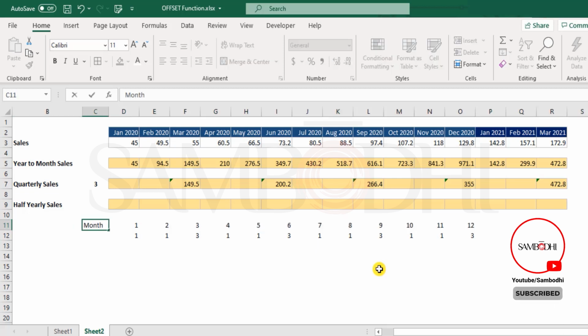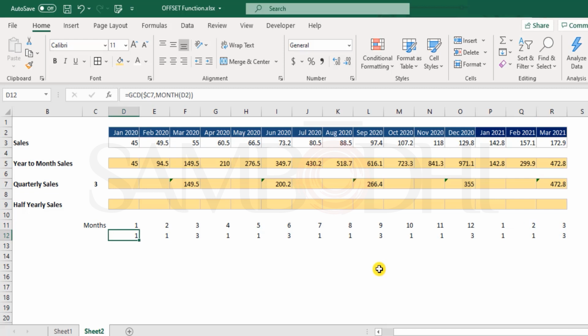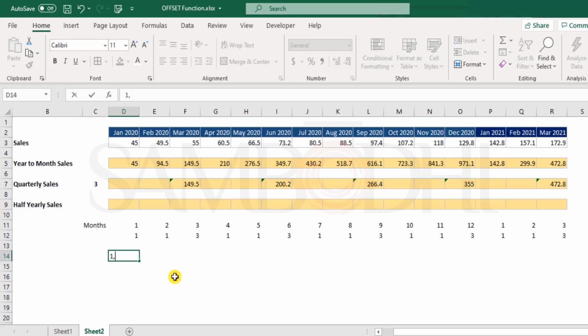These are months: 1, 2, 3, 4, 5, 6, 7, 8, 9, 10, 11, 12, and then again 1, 2, 3. So what exactly is happening here? 3 can be divided by 1 as well as by 3. But in case of January, it's number 1 as the month number. So 1 can be divided by number 1 itself.